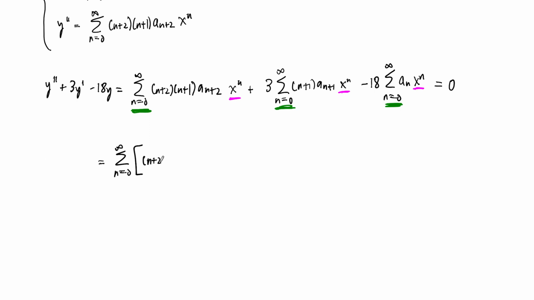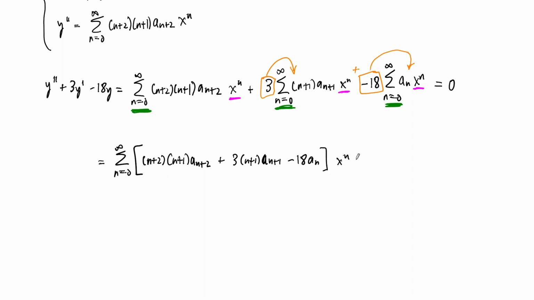So this will be n plus 2 times n plus 1, a sub n plus 2, plus, remember the 3 here, these constants can go in, including the minus sign. They go with the coefficients, right? So here we now have 3 times n plus 1 times a sub n plus 1, and then minus 18 a sub n, all times x to the power n equals 0.